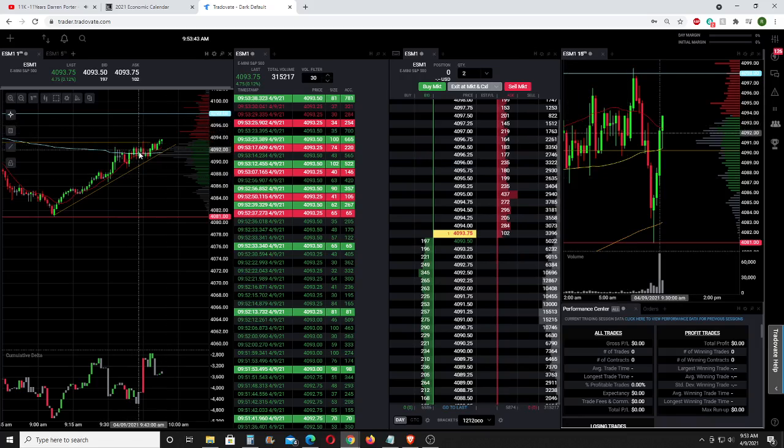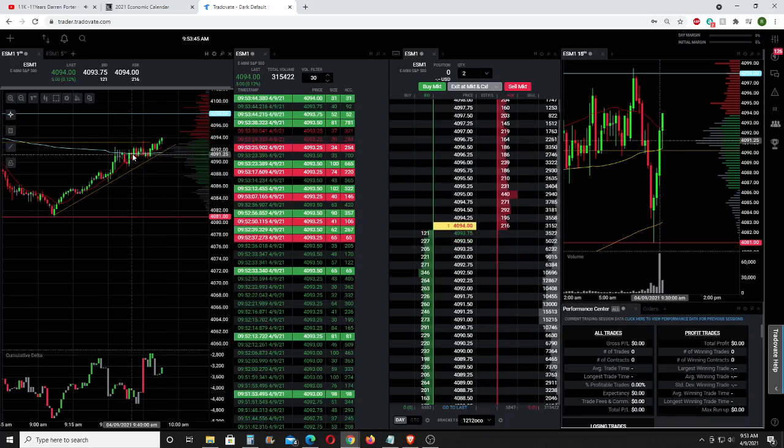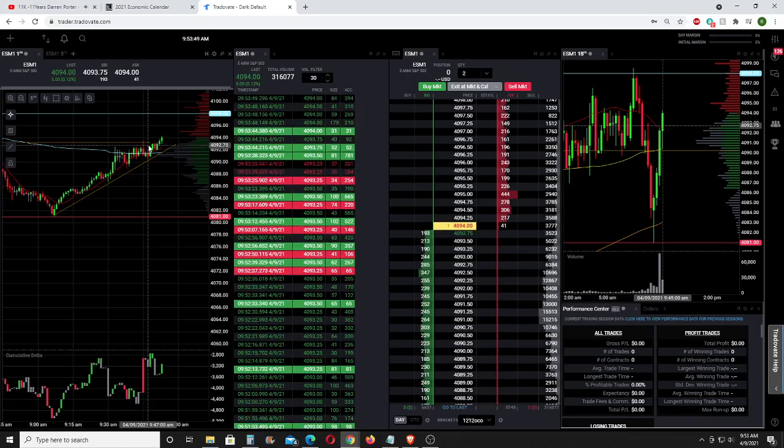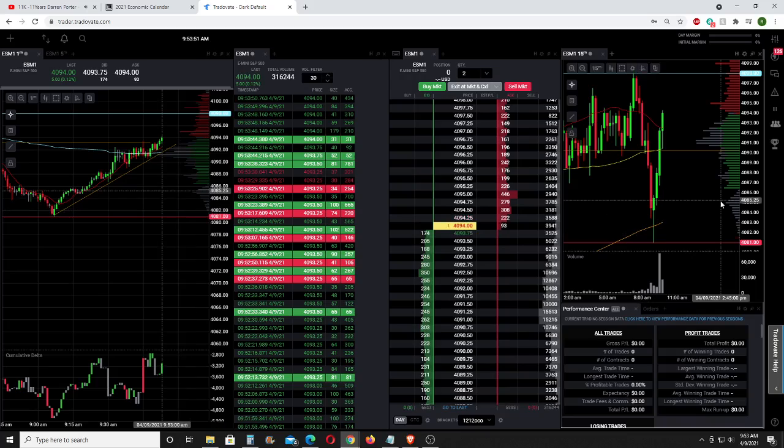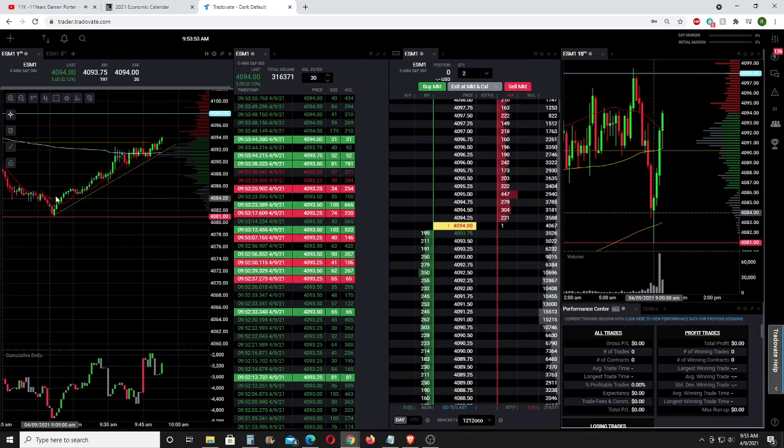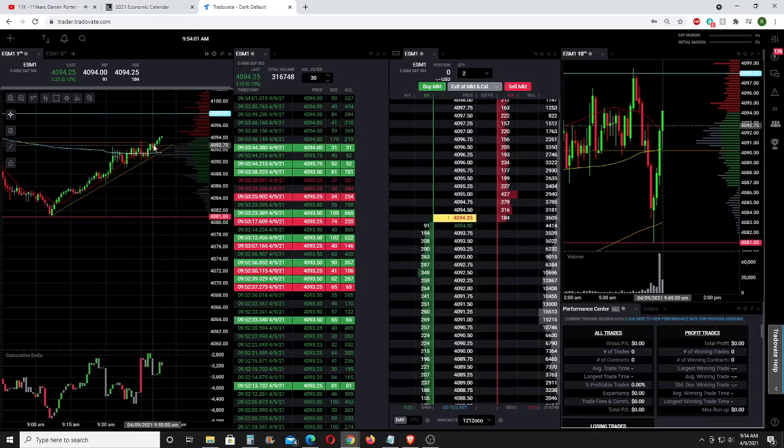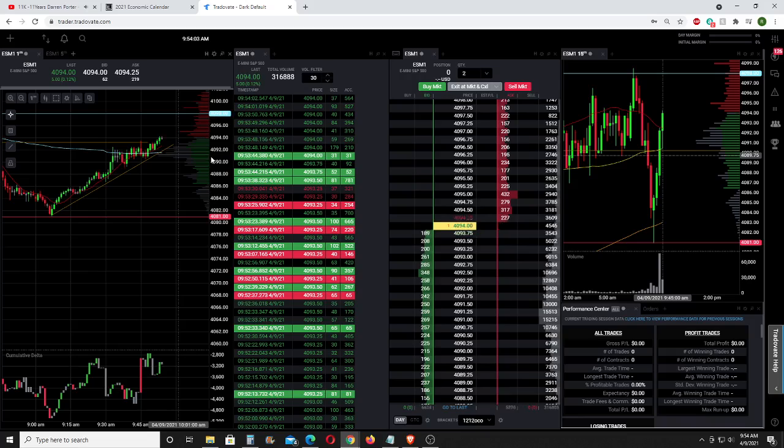Yep. Very bullish. Yeah, this is very bullish. Price is above the VWAP. It's above the 9-period moving average. The 9-period average crossed the VWAP. Yeah, this is just bullish.